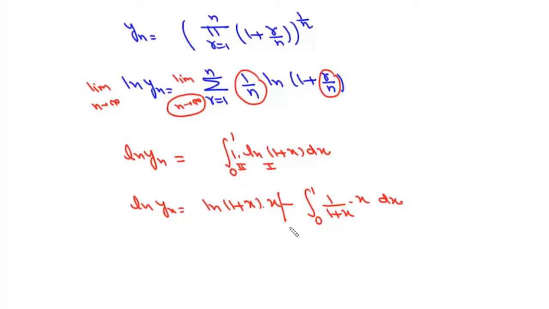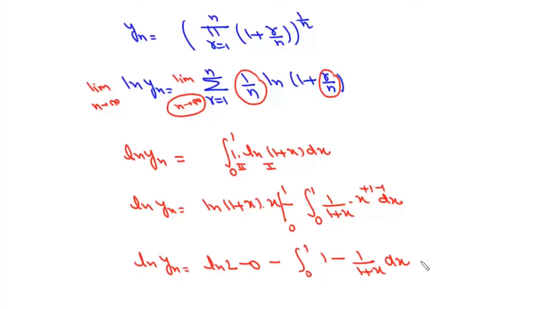Now we'll put the limits from 0 to 1, and here we'll add 1 and subtract 1. So we can write log yn as log 2 minus 0 and minus this integral from 0 to 1 of (1 minus 1 upon 1 plus x) dx.